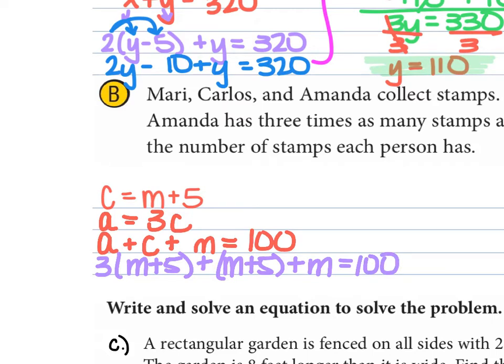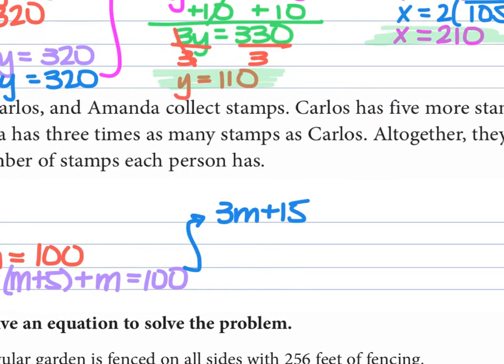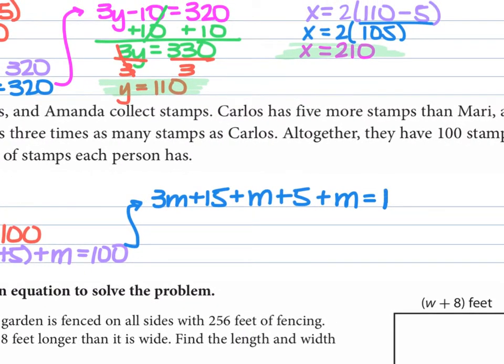So we have to solve for M here. We're going to distribute this 3 to leave us with 3M plus 15 plus M plus 5 plus M is equal to 100. From here, we're going to combine our like terms.